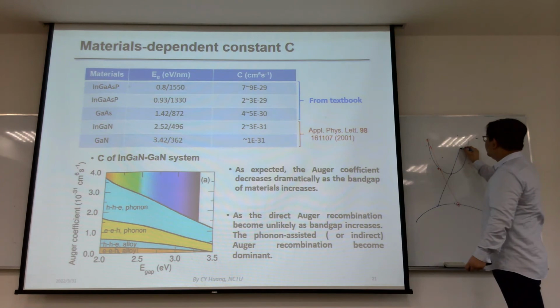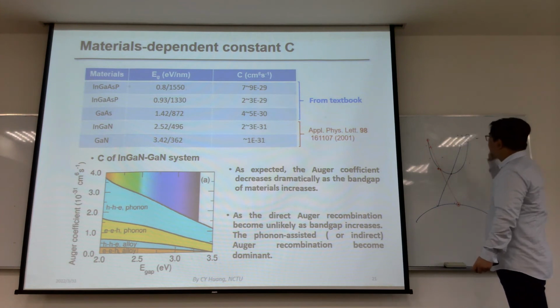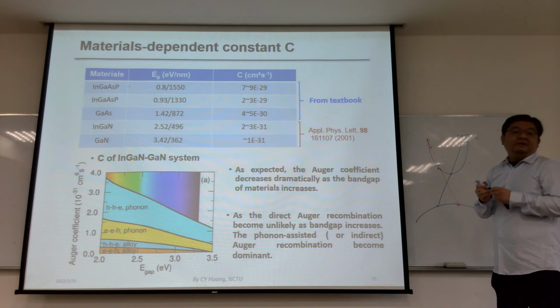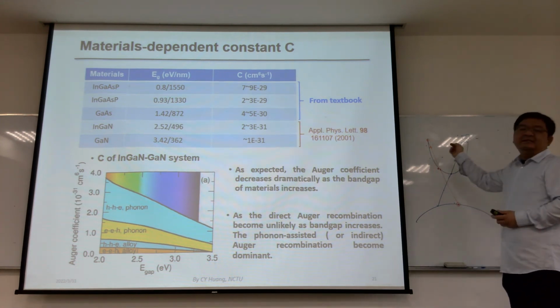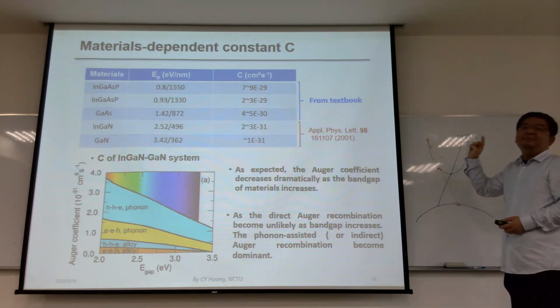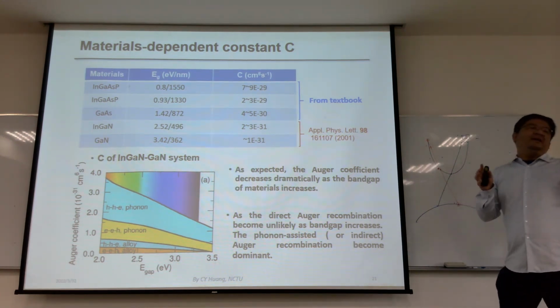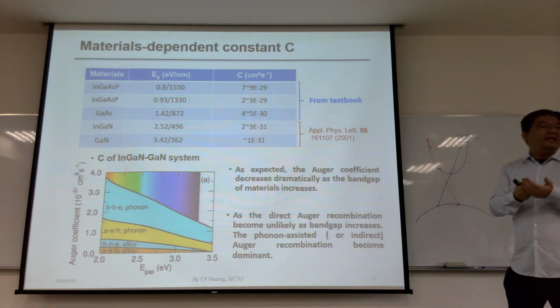But with some assistance of the phonon, you can still satisfy the conservation of momentum. But this process is also unlikely, because you need to find an electron to meet a phonon at the same place and at the same time.